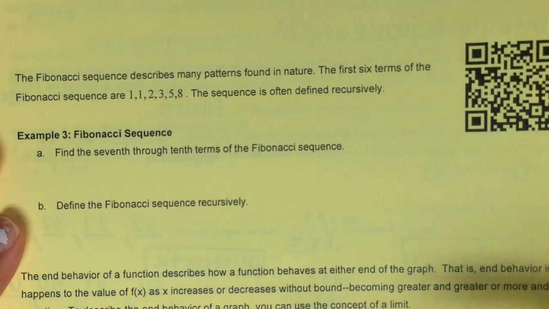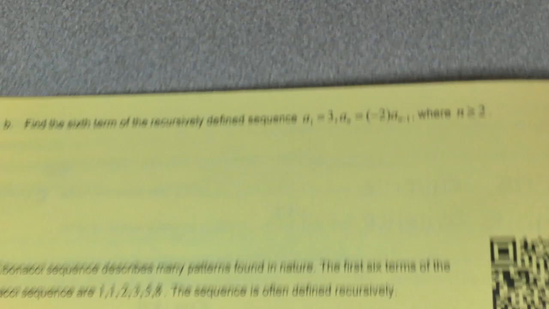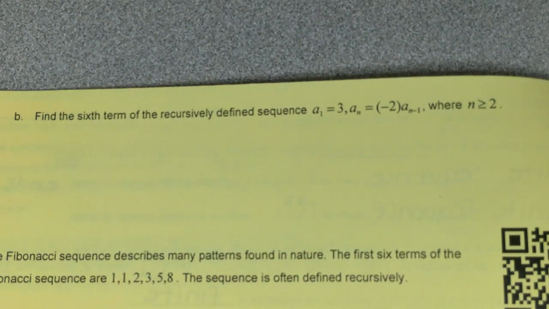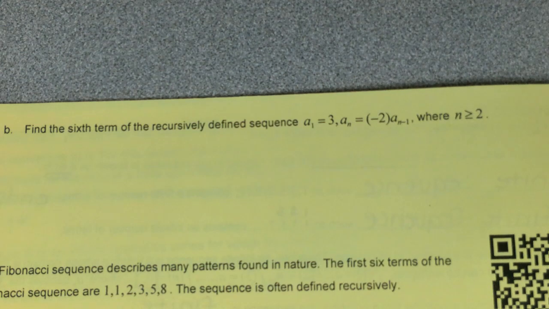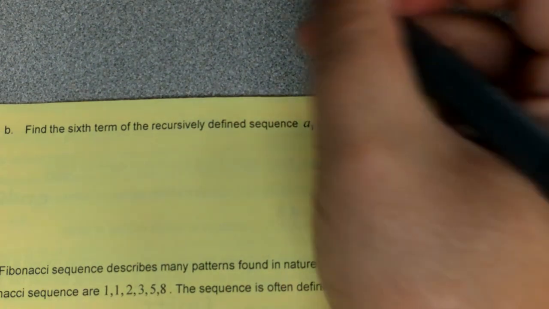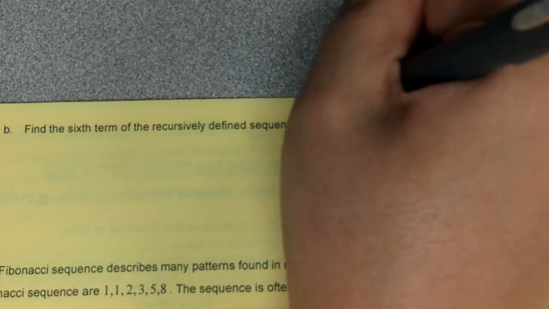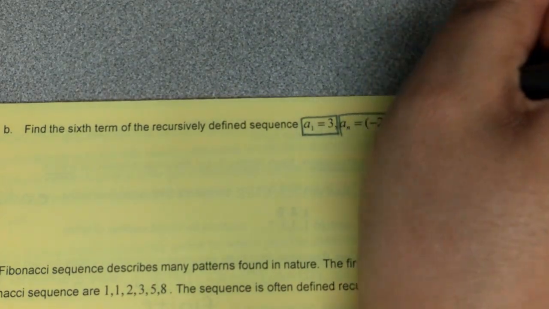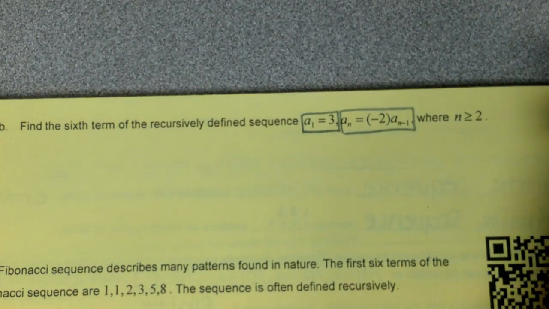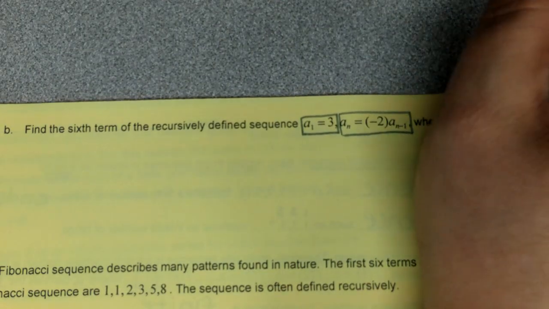It says find the sixth term of this recursively defined sequence. Do you see how I give you the starting point? I give you an equation and I give you the domain.